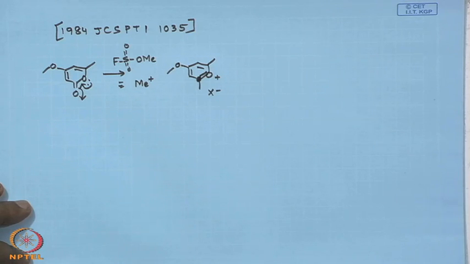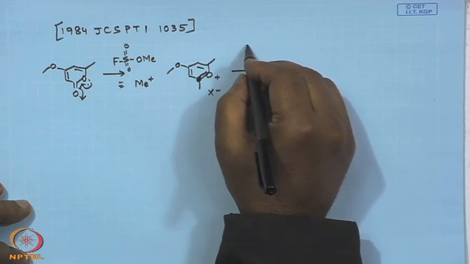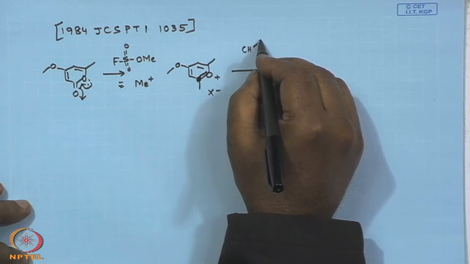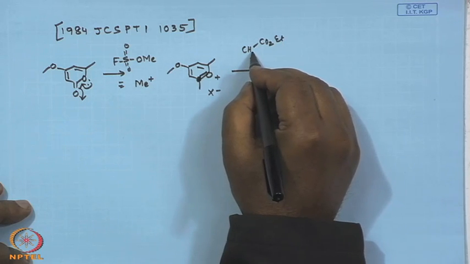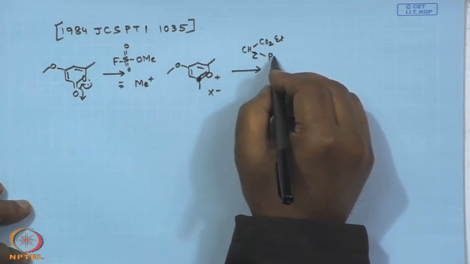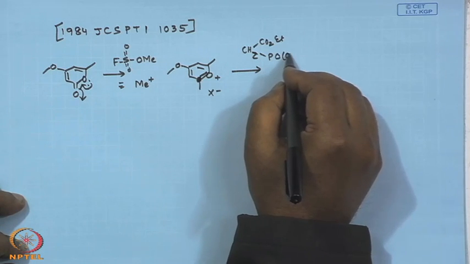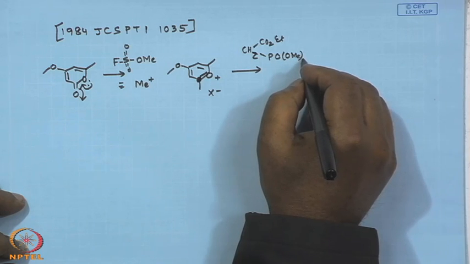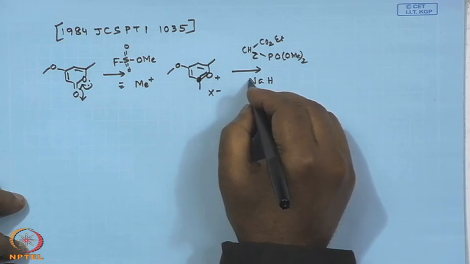What is the reaction expected out of these? If you now react with a phosphonate salt, phosphonate is basically an ester containing phosphonate, the CH2, then phosphorus and oxygen, in this case a methyl phosphonate. Then these.